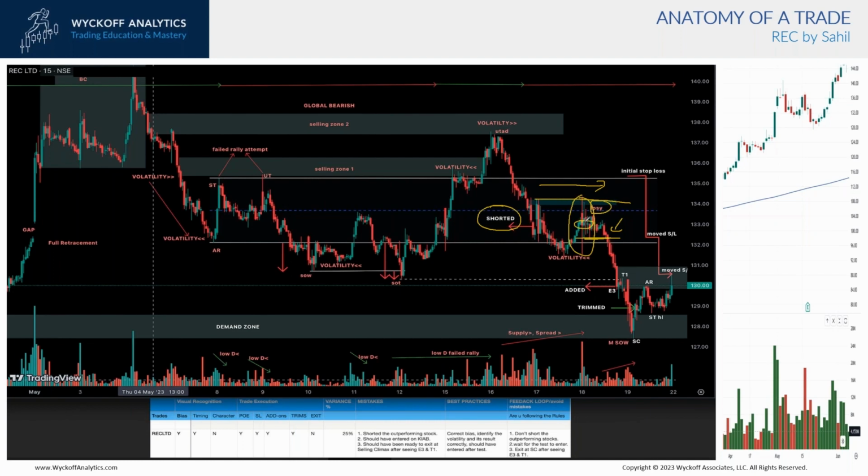But from an efficiency standpoint, after that area where we see that volume spike come in, we see an attempt from the buyers right here to push price up, and then no success. That is, I think, from a counter trend standpoint, the optimal entry point. But it's still going to turn out to be a profitable trade for Sahil. So that's my observation.